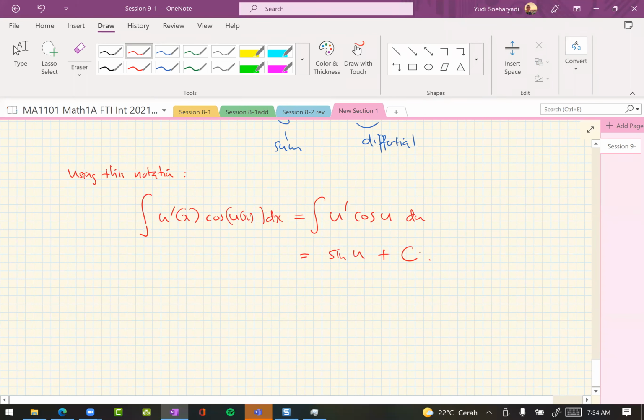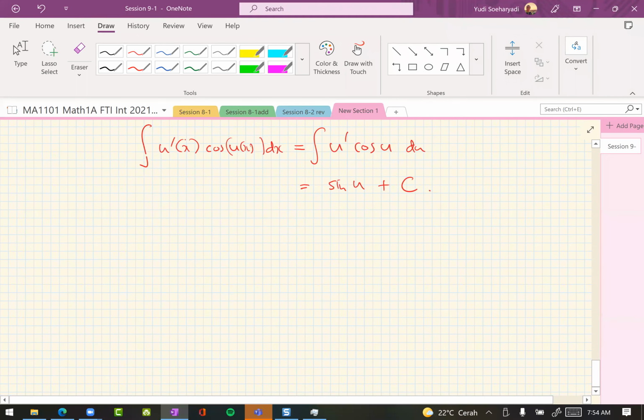I'll explain this later on. It's a general formula for antiderivatives. So for this one, how do you compute it? It looks like this one.